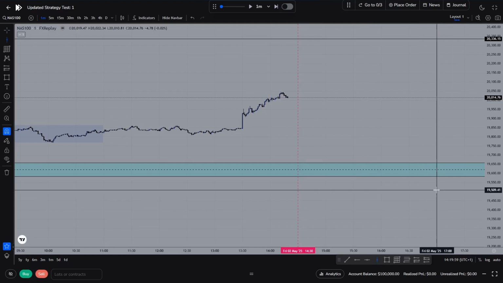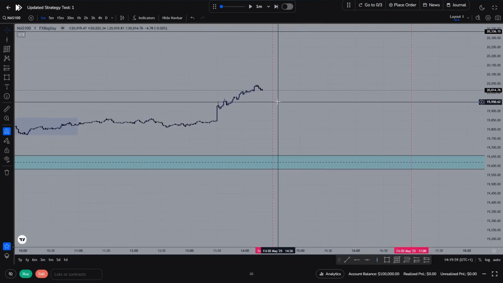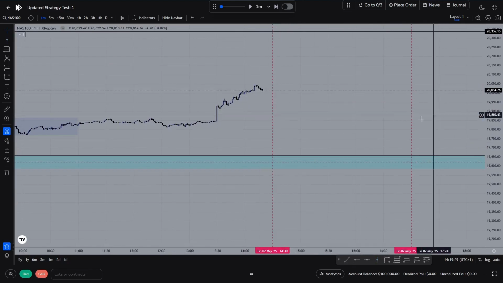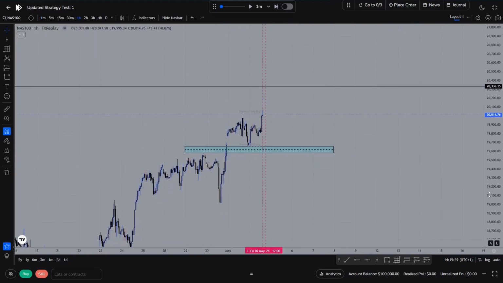I'm just marking out Asia, no, New York session. So from here to here is where I'm trading. Anything outside, I'm not interested. Back on the 1 hour.